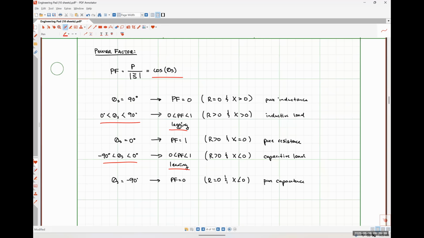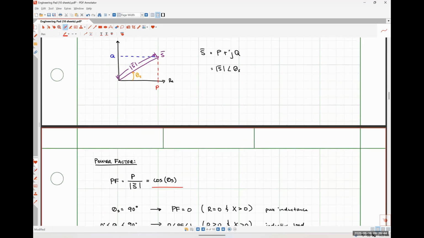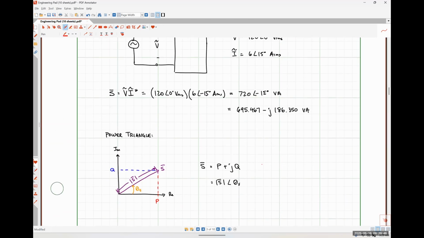So if we go back to that previous example that we worked a couple of minutes ago, how would I find the power factor of this particular load? This isn't supposed to be a trick question. Cosine of negative 15 degrees.